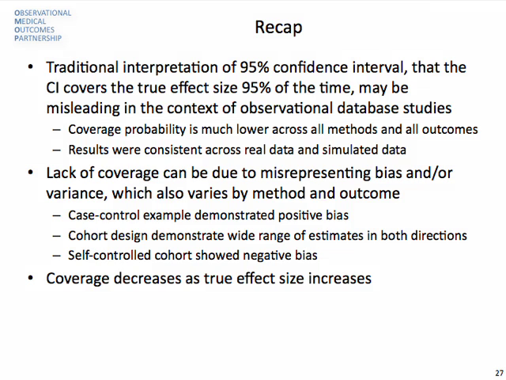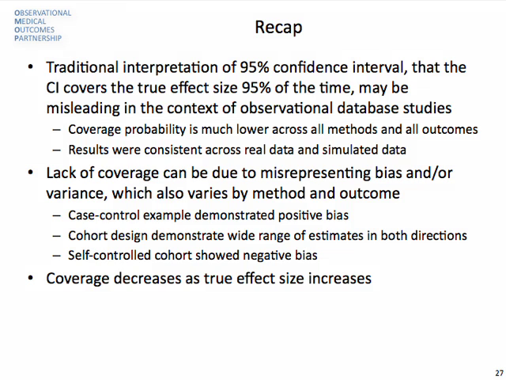We observed that some methods seem to be more affected by bias and some by variance, where the case control design was positively biased, the cohort design seemed to have more of a variability problem, and the self-controlled design actually had a negative bias. And unfortunately, the bigger the effect, the lower our confidence that the confidence interval is telling us what it's supposed to. So that's the gloom and doom part.